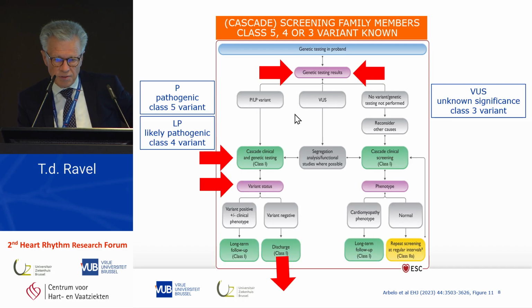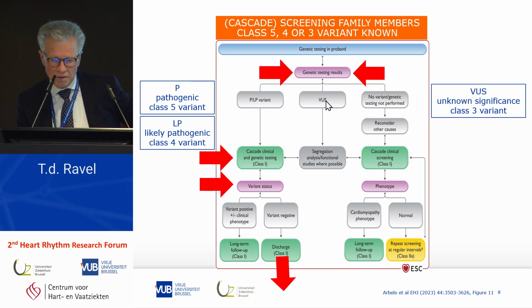Now, if we take the third branch of that, and we have in the family found either a pathogenic or a likely pathogenic variant, then we ask to see the other family members, and therefore they get tested, and those that are carrying are followed up, and those that are not carrying get discharged from the whole process.